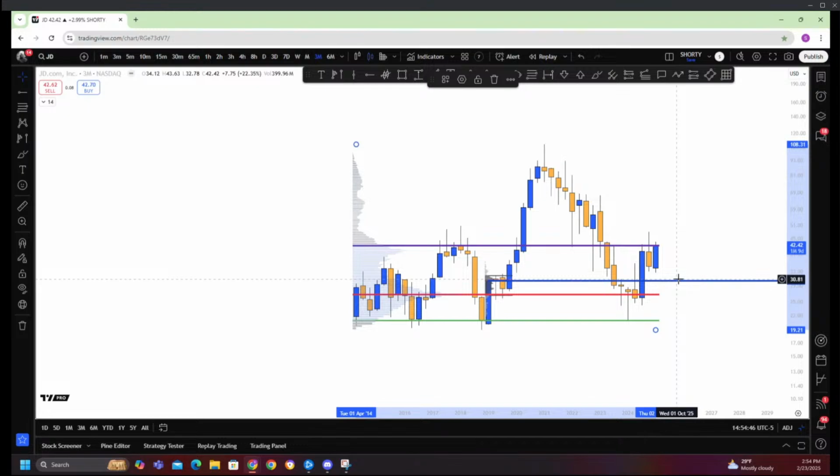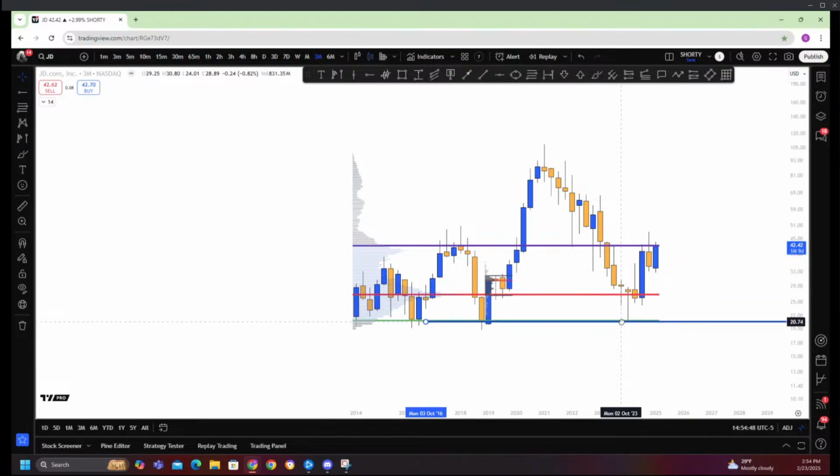If they fail right here, let's say they fail to hold 40, this is a good short all the way to 26. I don't short Chinese stocks mainly with options. I did play Baba before, but you have to be careful with that.